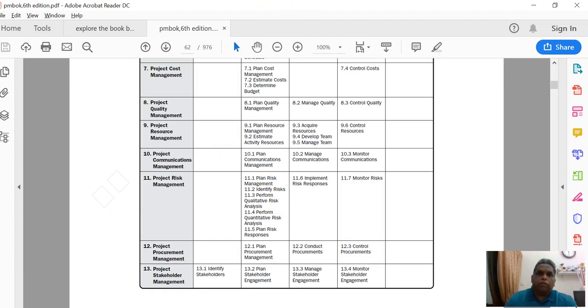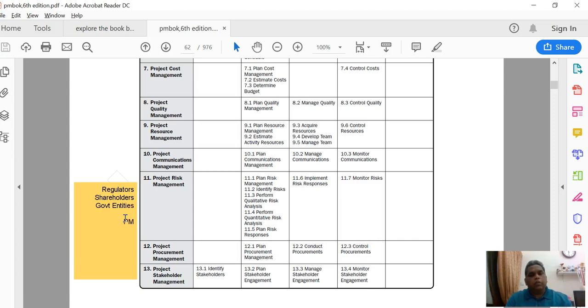They could involve government bodies. They could involve shareholders, for example. There could be government entities, and the list kind of goes on.